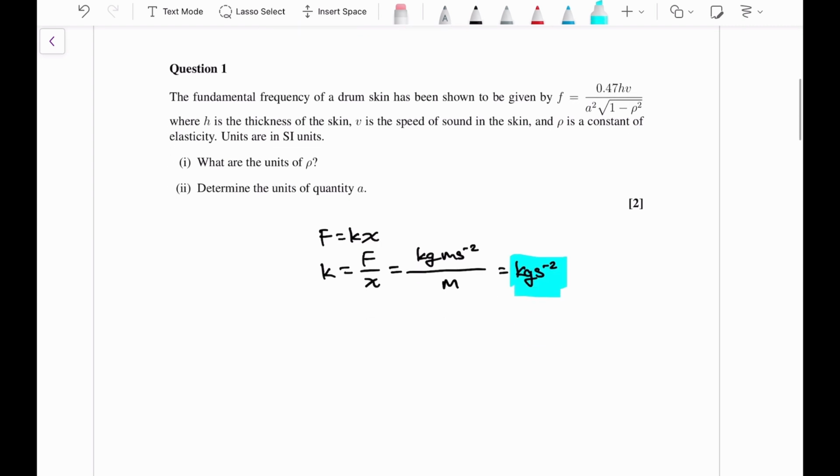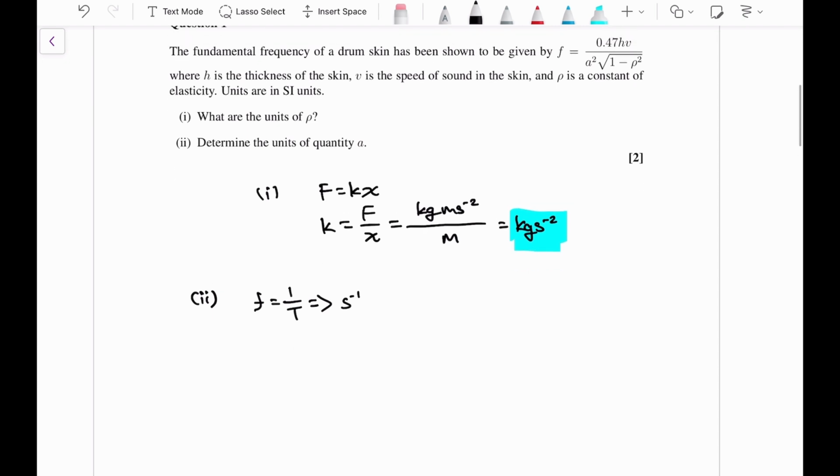And for the second component, it says determine the units of quantity A. So now we have to utilize the formula. F is basically the frequency, and we know that frequency is equal to 1 over t. So in SI units, the units of f would be s^-1.